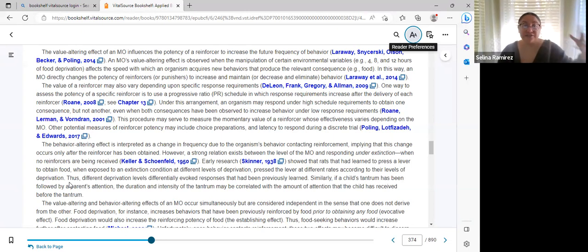Versus if we had just fed them and they're full, they're probably not going to engage in that behavior of pressing the lever as frequently because they're already full. So because you were able to change the value of the reinforcer, you were also able to change the frequency that they engage in the behavior, which is basically what we do in ABA. This is just putting it in very, very technical terms.